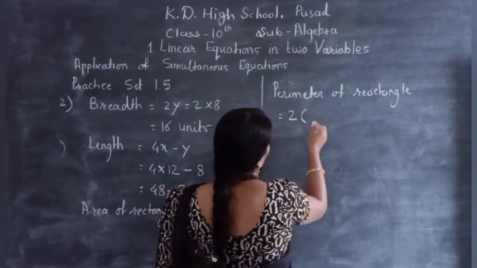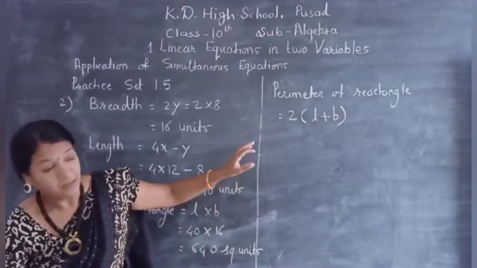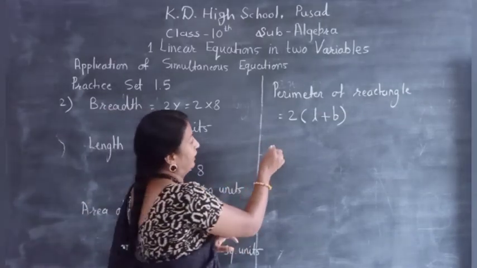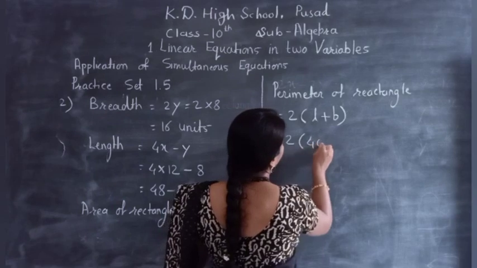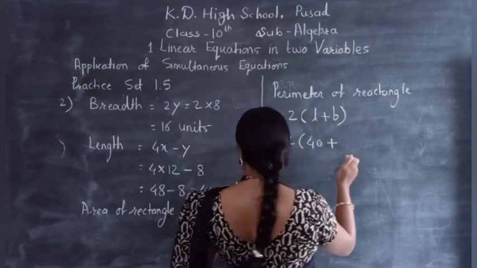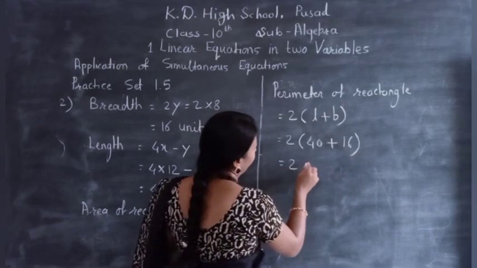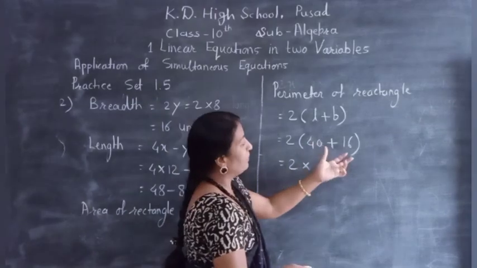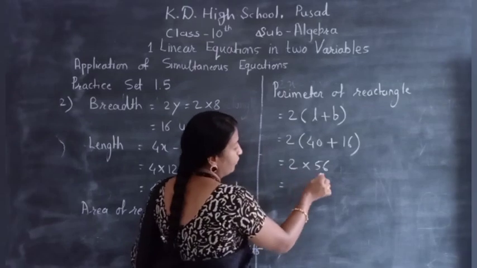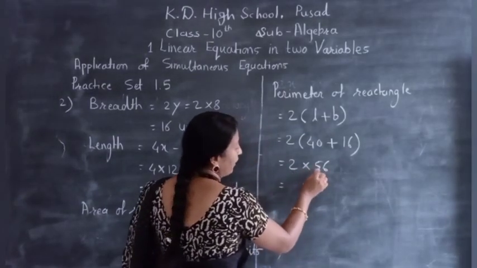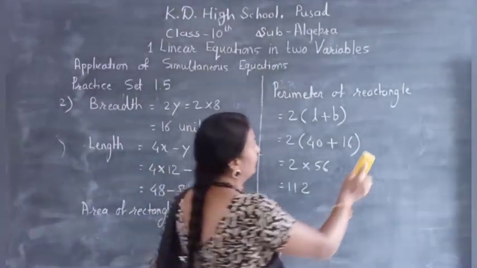Therefore, twice in bracket L plus B. Now, here it is equal to 2 in bracket, length is 40 units plus breadth is 16 units, is equal to 2 in bracket 16 plus 40, that is 56. So 2 6s are 12, write 2, carry 1, 2 5s are 10 plus 1 is 11.